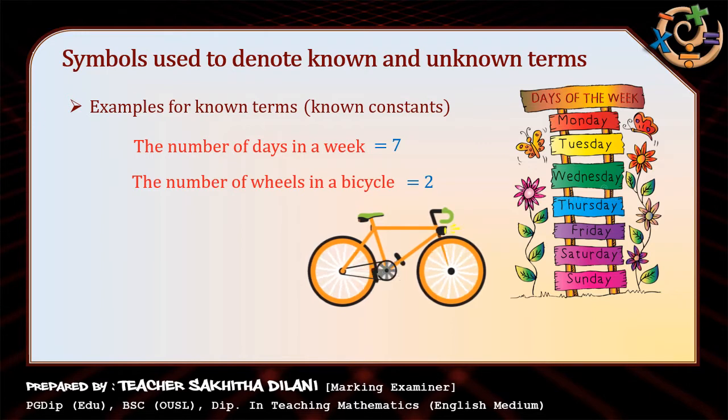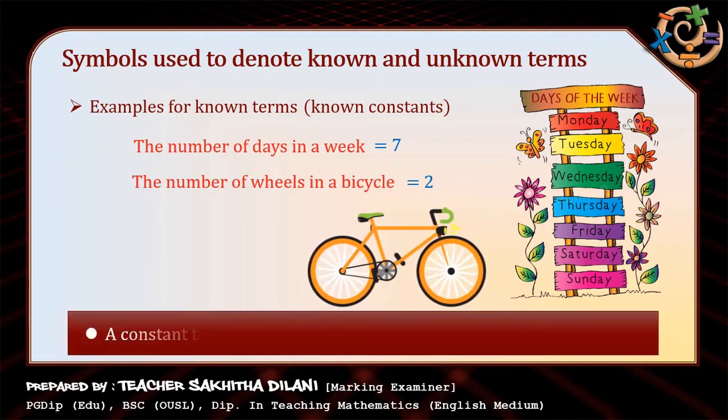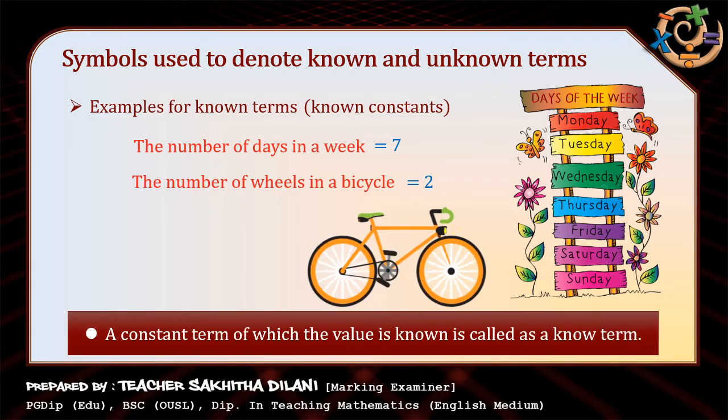You know that there are more examples for known terms: number of hours in a day, number of sides in a triangle. You can write your own examples. Hence, a constant term of which the value is known is called a known term. Known terms can also be called known constants.